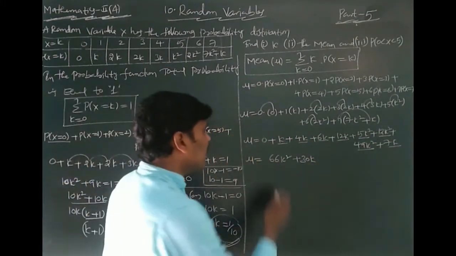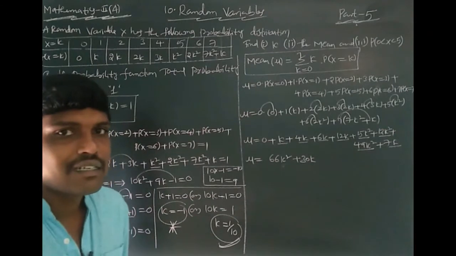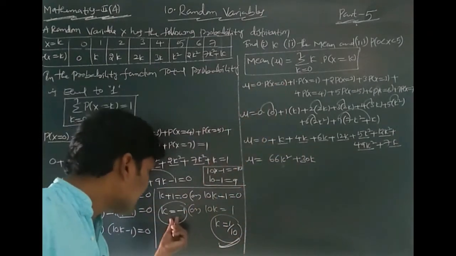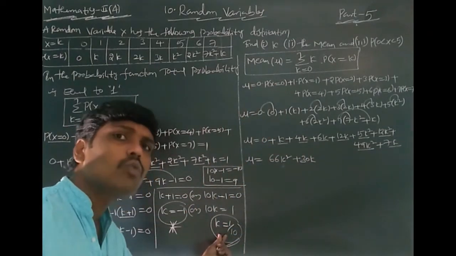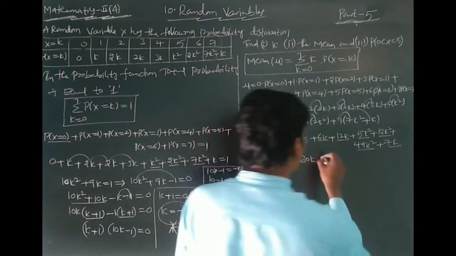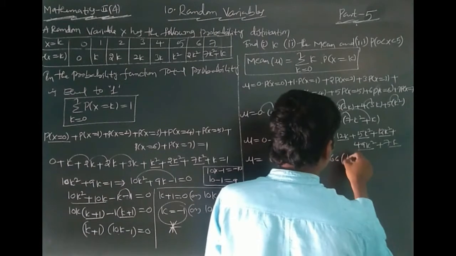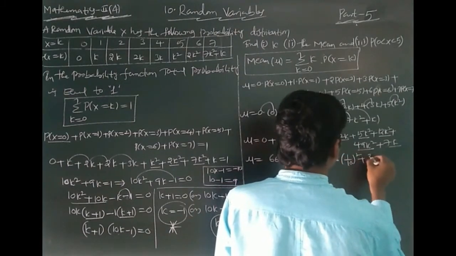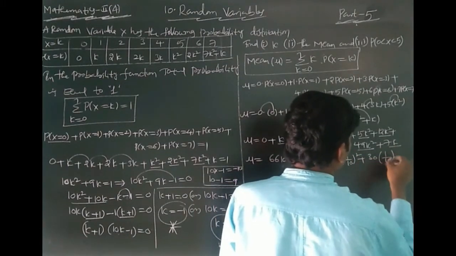What is the value of k, students? You know that k value is minus 1 or k equal to 1 by 10, correct? Already explained. That's why you can write k value 1 by 10: 66 into 1 by 10 whole square plus 30 into 1 by 10.